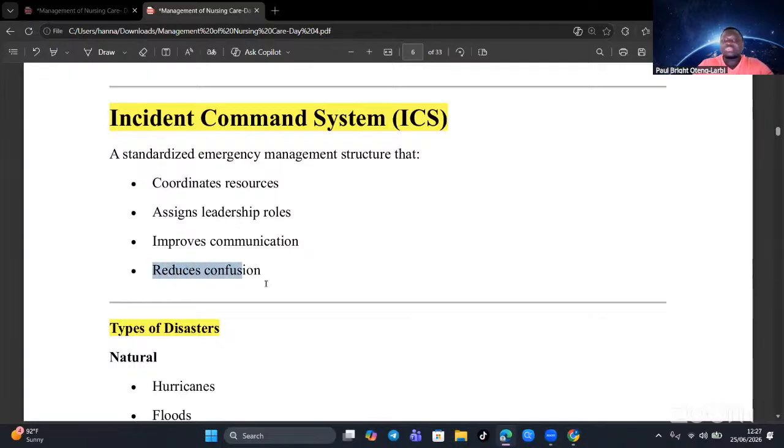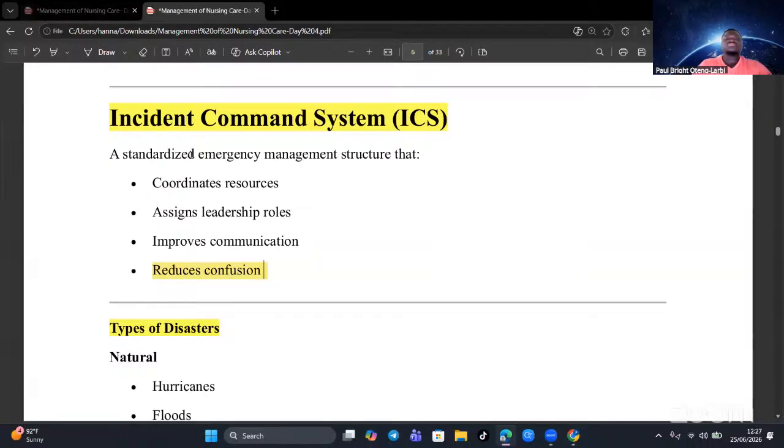Some nurses will collapse when there is trauma. Student nurses will come to the emergency room, they will bring a patient with severe trauma, level 1, and the nurse will be standing there and will collapse.